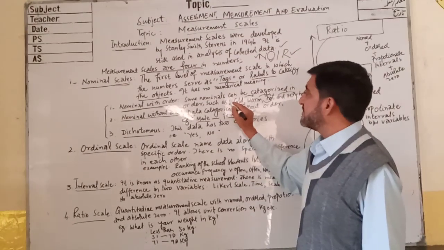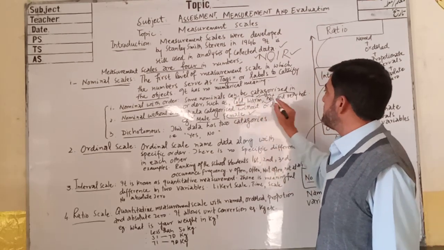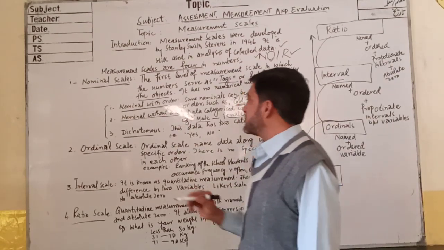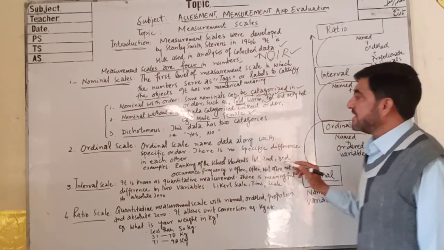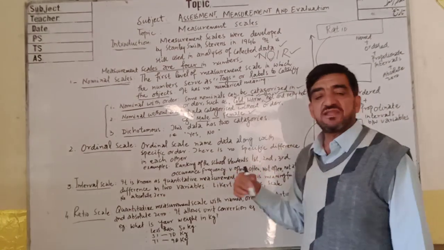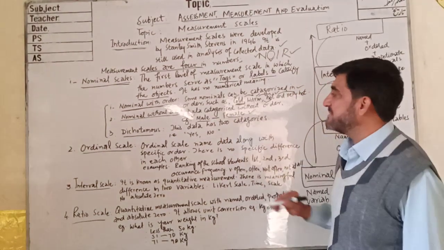But in the one with order we observe cold, warm, hot and very hot. So nominal without order is one in which there is no categorization, only labeling, such as male and female.